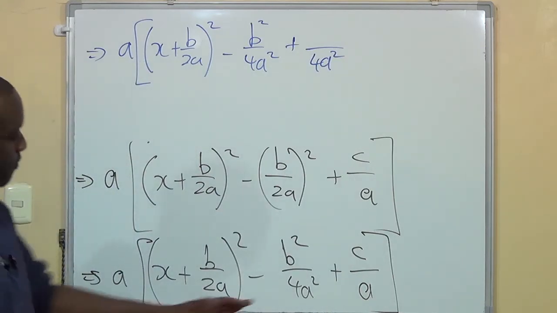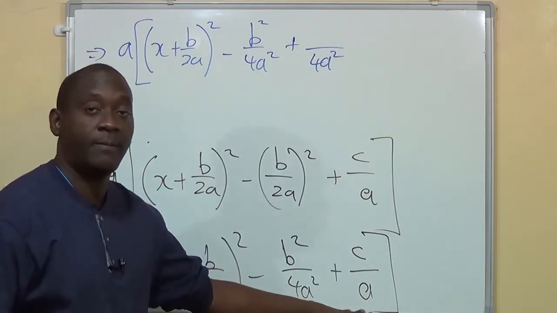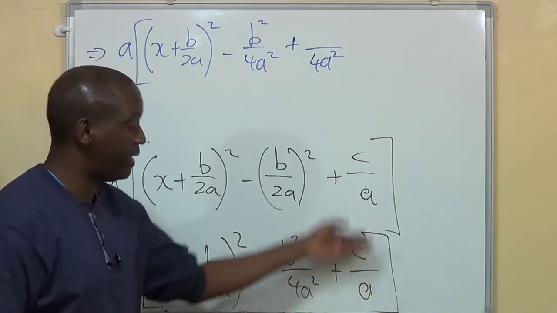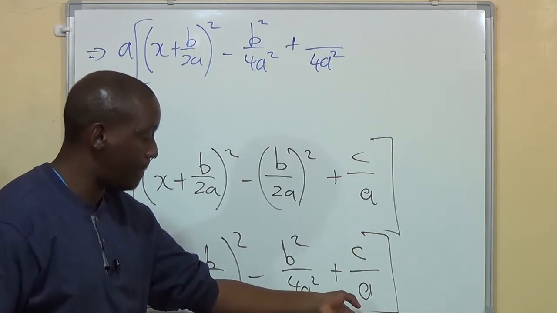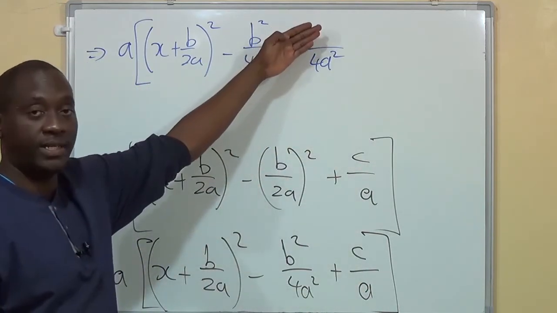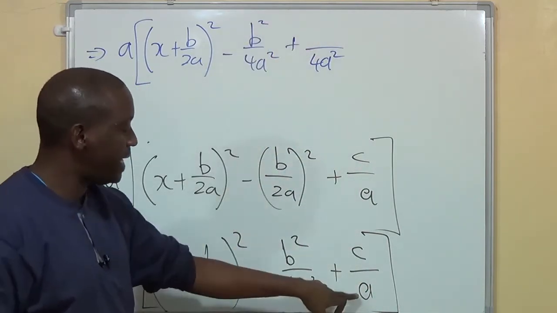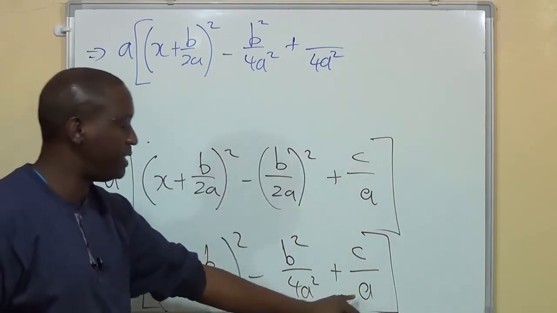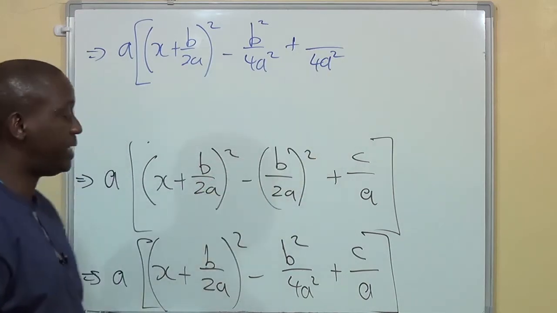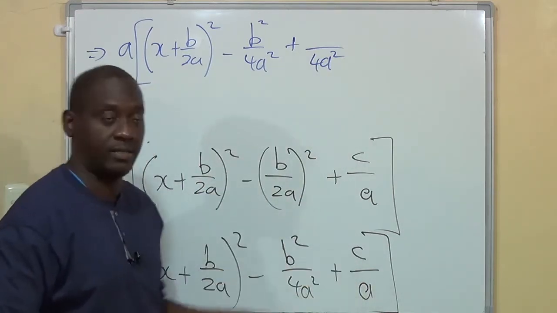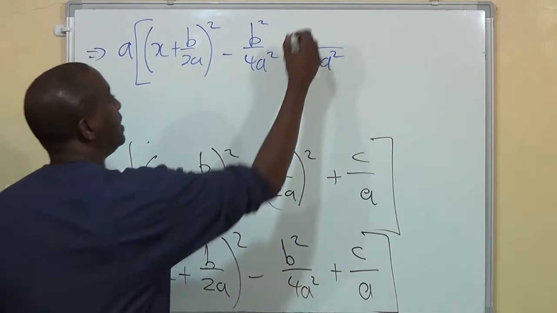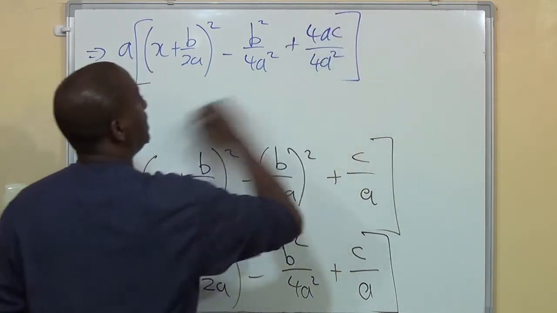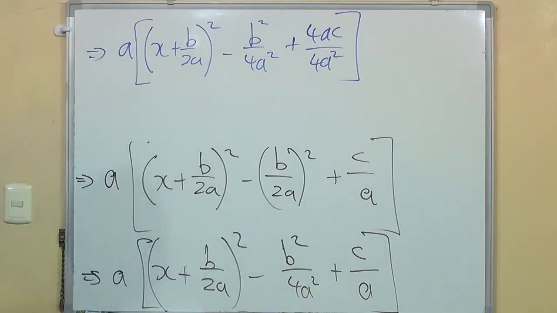So 4a squared divided by a will give us the entity that we have to multiply the top and the bottom by to get something over 4a squared. In other words, a multiplied by 4a will give you 4a squared. So if we multiply a by 4a to get 4a squared, then we must also multiply c by 4a, which will then give us 4ac on the top there. And that is what we have going forward.